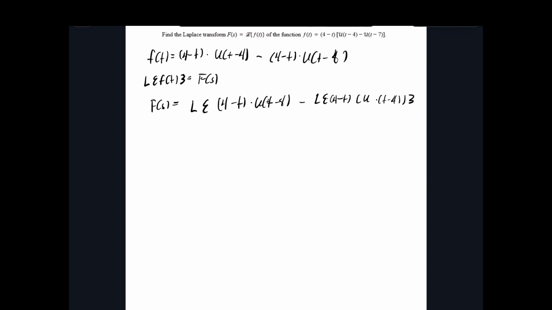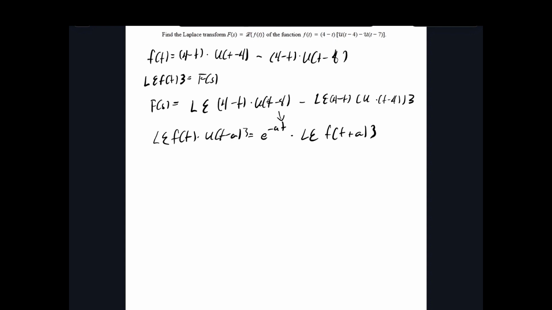All you'll see in practicality is that I take whatever value I got for my f at t times u at t minus a, and when I take the Laplace of this, it'll be e to the negative a s times the Laplace of f at t plus a.